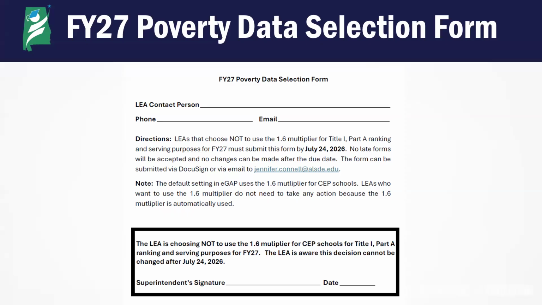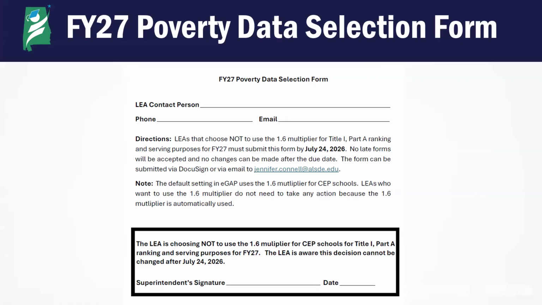Because the system automatically sets the 1.6 multiplier for everyone, we're not going to require LEAs to submit a form saying they want to use the multiplier because it's already the default setting. So only LEAs that do not want to use the 1.6 multiplier for the FY27 year need to submit this form. The form can be submitted via DocuSign. There's a link in the email.